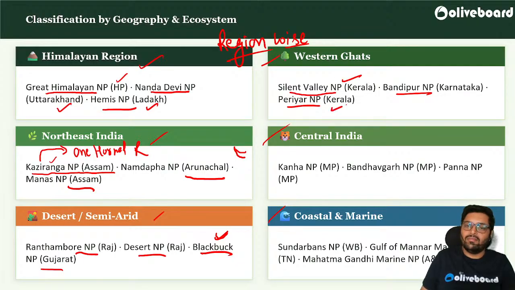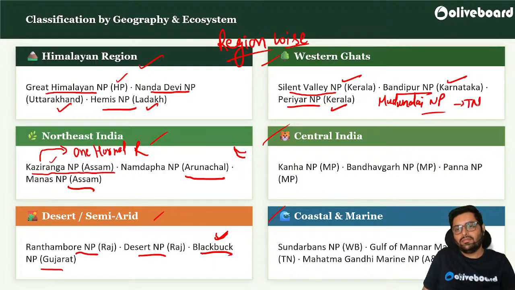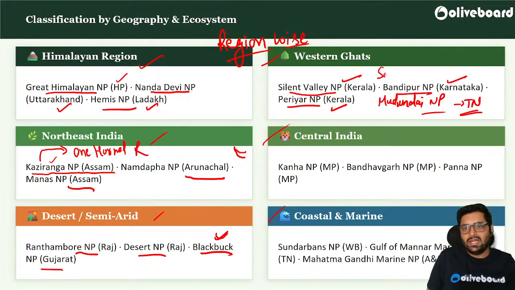Silent Valley, Kerala, Periyar, Kerala, and Bandipur, Karnataka. Similarly, associated with this is Mudumalai National Park in Tamil Nadu. So these are related to the Western Ghats and the southern region.